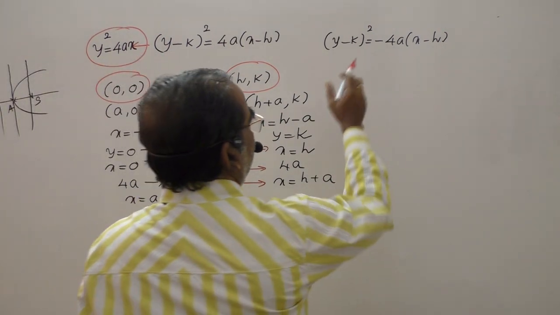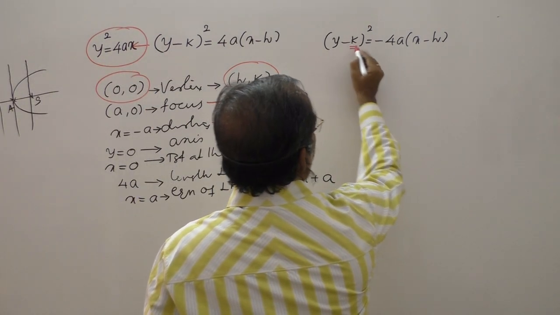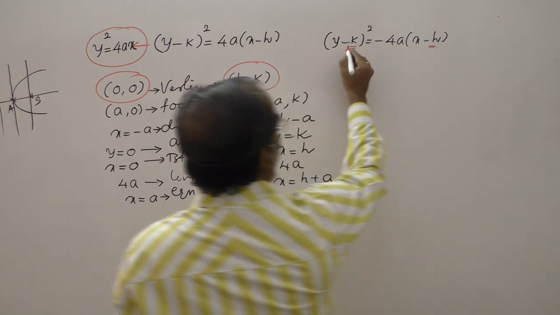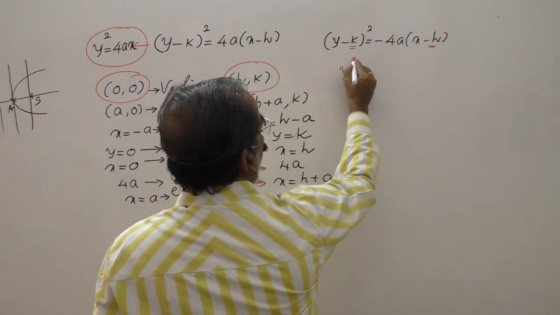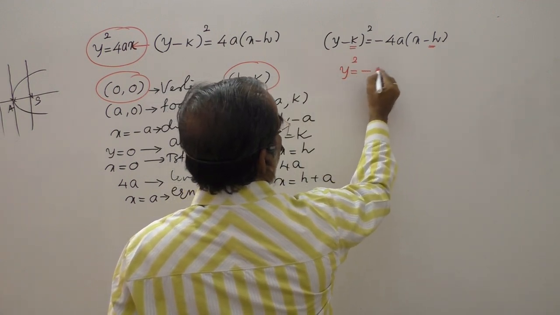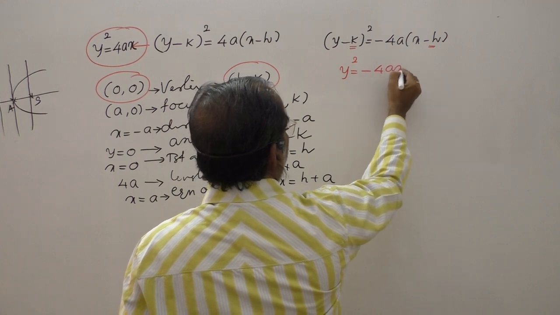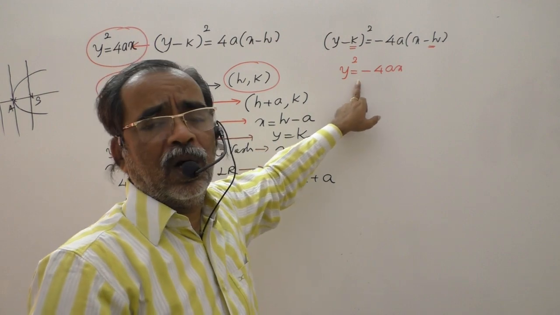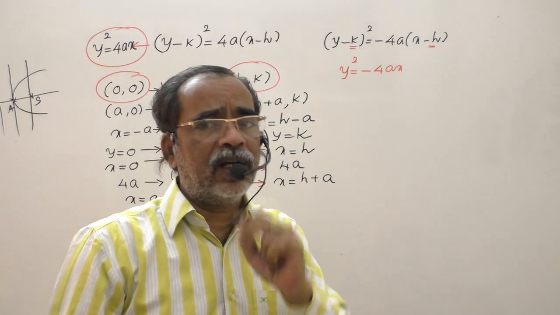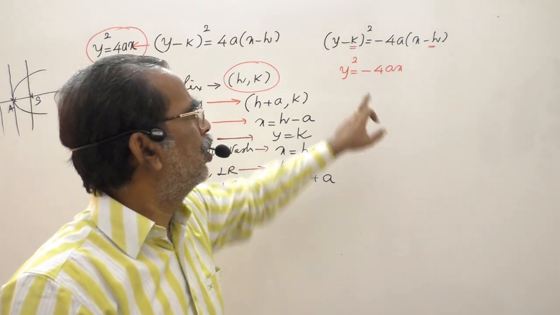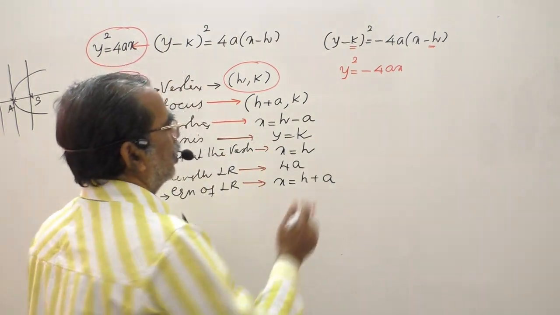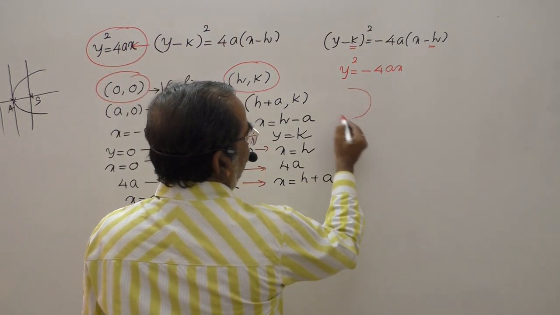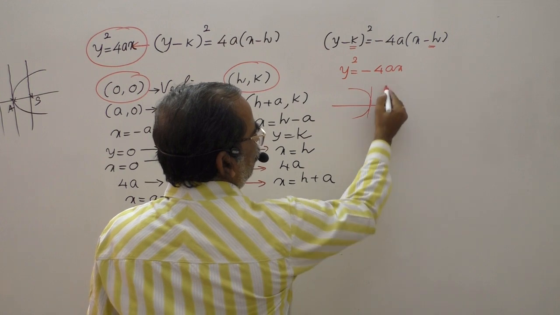Here if you take this, if you make the vertex h comma k into 0, 0, this parabola becomes y square equal to minus 4ax. What is this? This is also a parabola in the first set. Second one, we know all the details. How will the second curve be? It will be like this.